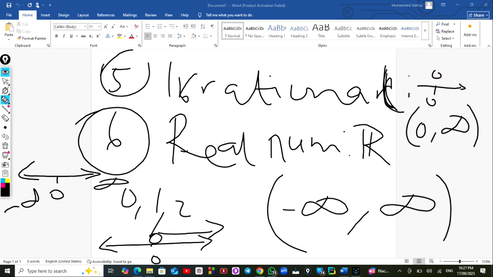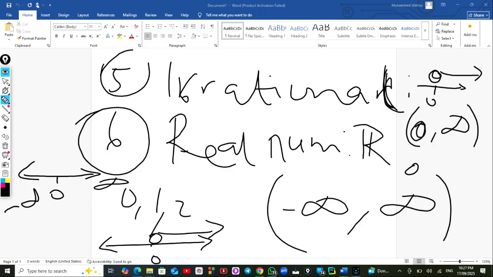So 0, if 0 is not included, because it is open at 0, it means my start from 0 is not part of it, excluding 0 to infinity. All positive numbers excluding 0. So we have an open circle at 0, moving to positive infinity.